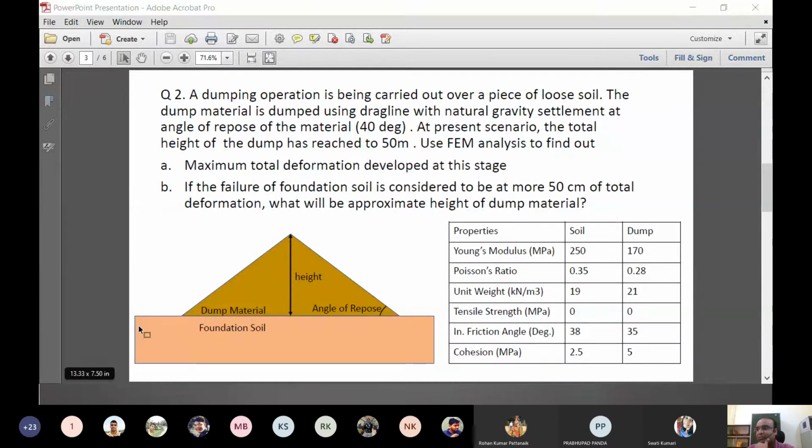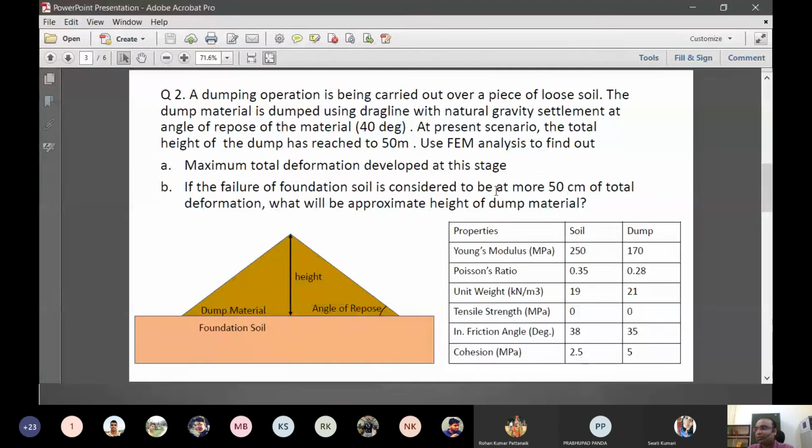The second stage will be the foundation plus the dump. And for question B, you may have to keep on increasing the height of the dump and see where you reach the critical deformation of the soil. Okay, it is a fun exercise.